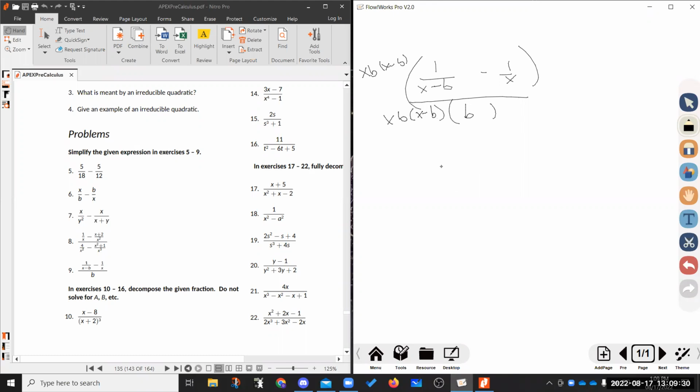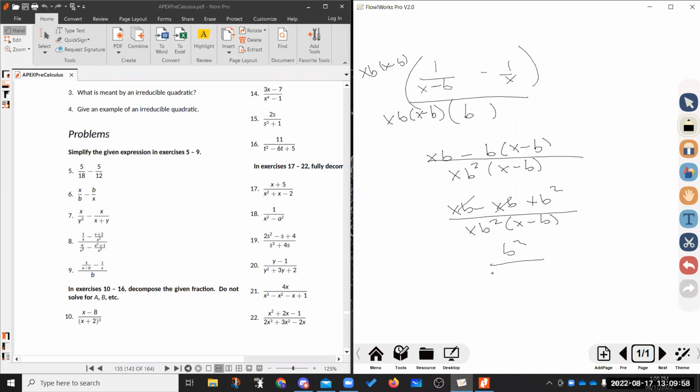So when I do that, x minus b cancels, and the first one leaves me with xb. X cancels and leaves me with b times x minus b over xb squared times x minus b. It's going to give me xb minus xb plus b squared over xb squared times x minus b, b squared over xb squared times x minus b, and that's going to leave me with 1 over x times x minus b.